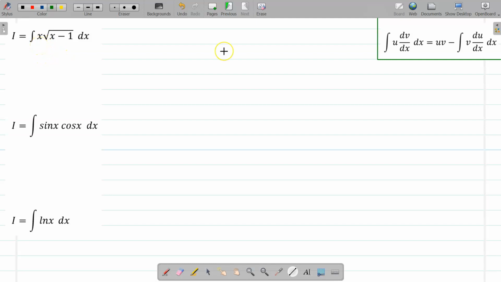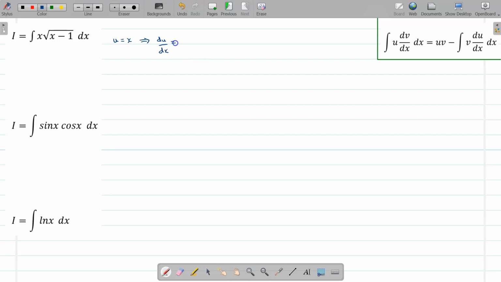So this is how I would set it out. I would start by defining x to be u, so I say u equals x, and therefore du by dx equals 1. So I collect this initial information before I start.